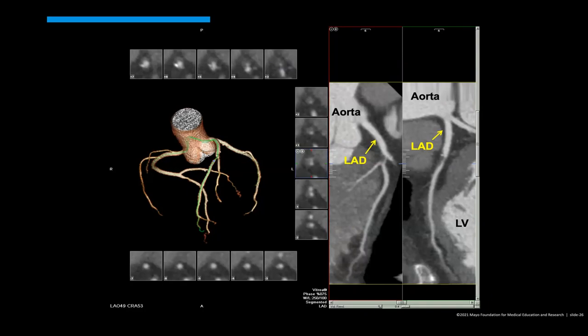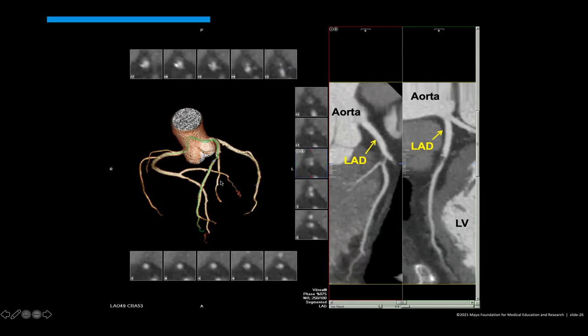Is this normal or abnormal? Abnormal. Okay, what do you see? In the LAD, just after some of the marginals come off, there's an area of focal stenosis with non-calcified plaque. Yeah, exactly. Let's step back a little bit.